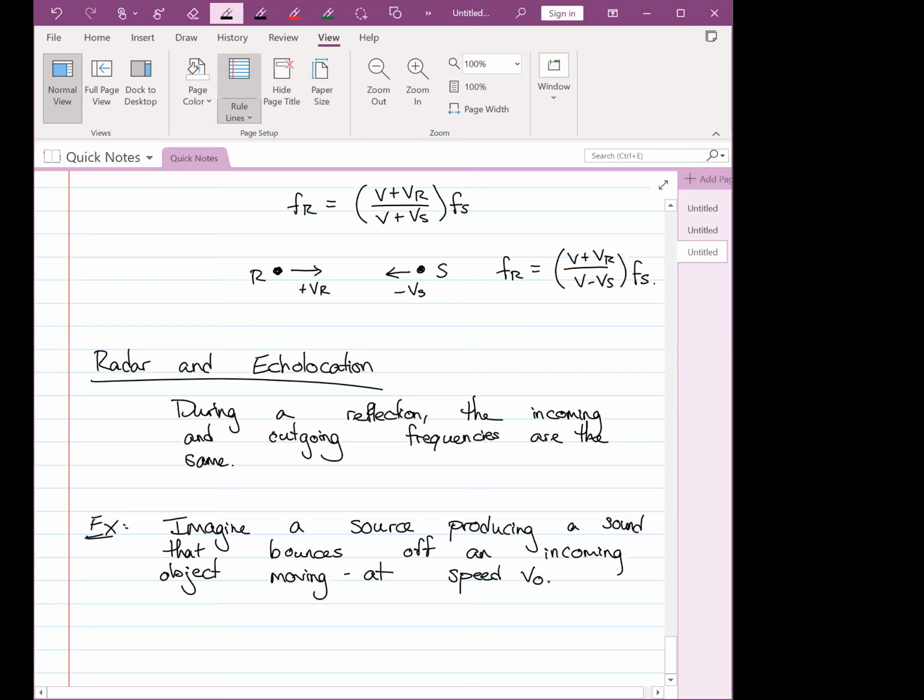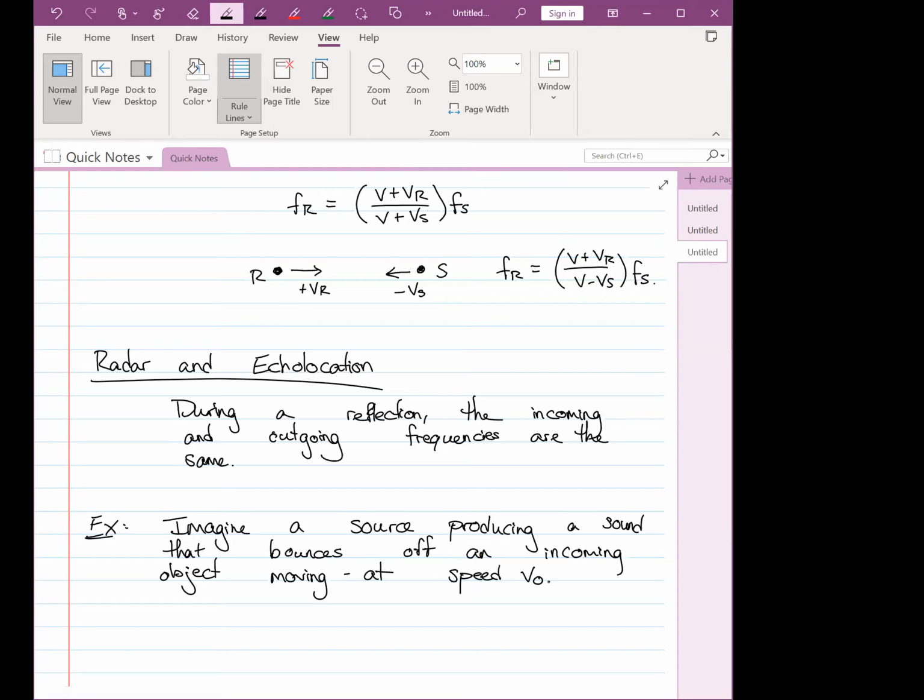So the picture here is like you have a speaker that's just sitting on the ground, and that sound travels towards something, bounces off of that something, but that something is moving towards the speaker. Maybe you have a truck driving towards the speaker. Well, the object, the truck in this case, is moving towards the speaker.